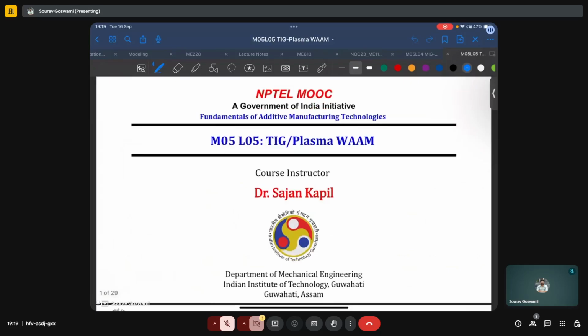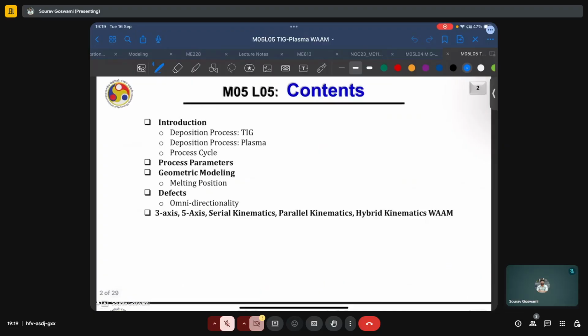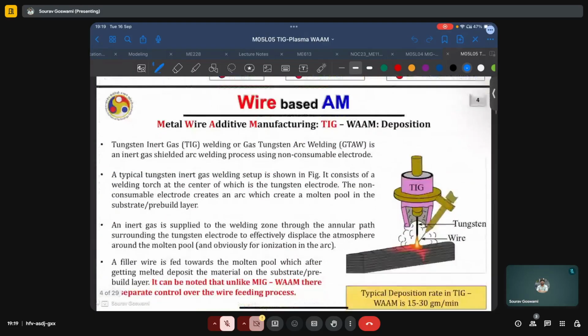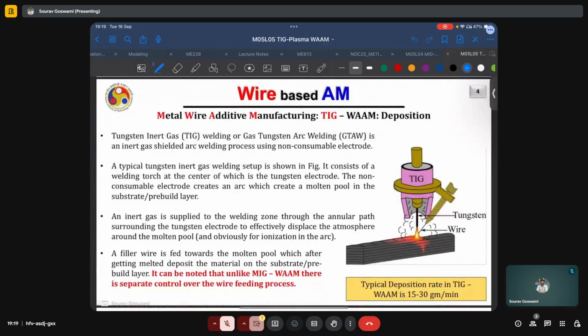The other set of lectures for this week dealt with TIG WAAM or plasma WAAM. Tungsten inert gas welding or gas tungsten arc welding is an inert gas shielded arc welding process using a non-consumable electrode.